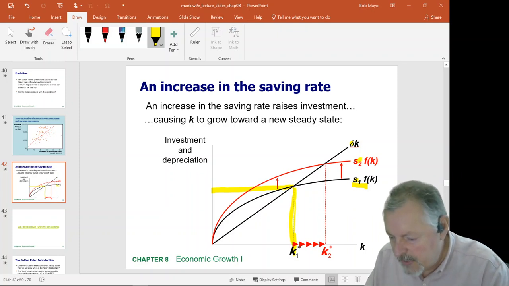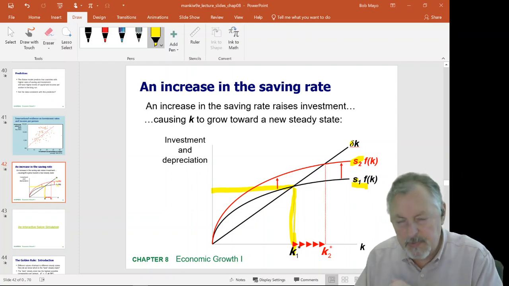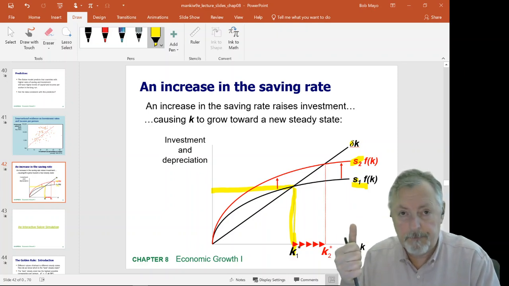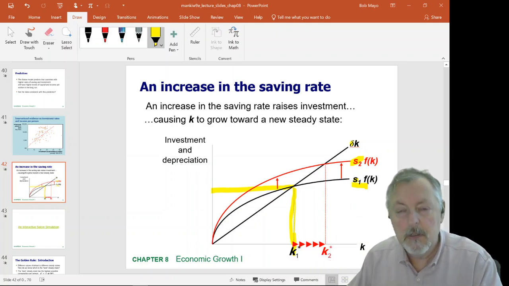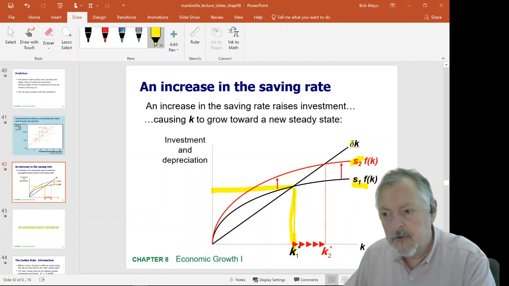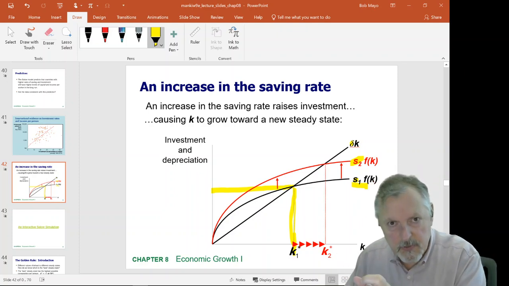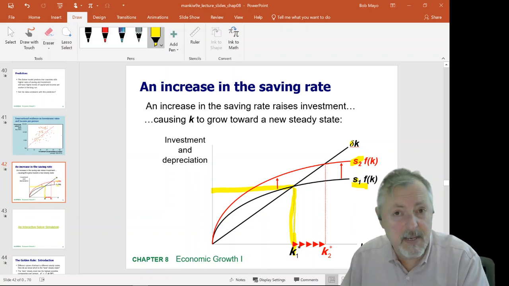If the savings rate goes up, well, think of that as a momentary shock. All of a sudden, the savings rate goes up. Savings is used to produce capital. So all of a sudden, you're going to be accumulating more capital. But for that brief moment, you still have the existing stock of capital that's the same size.